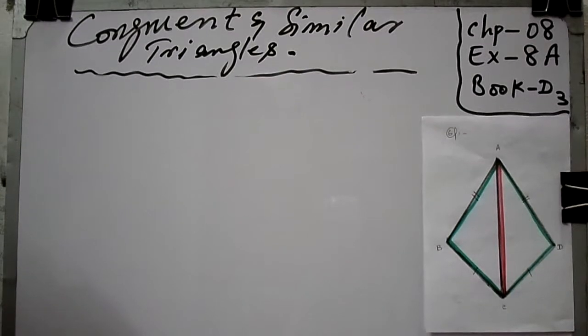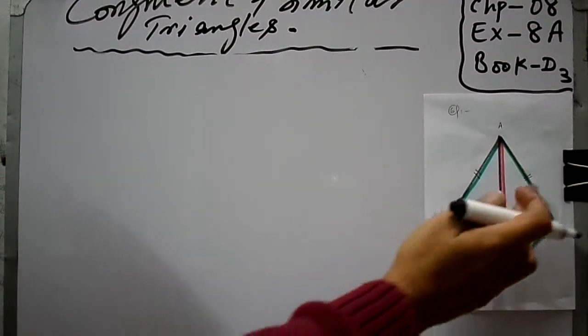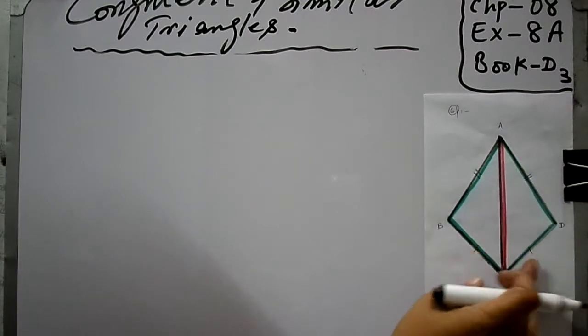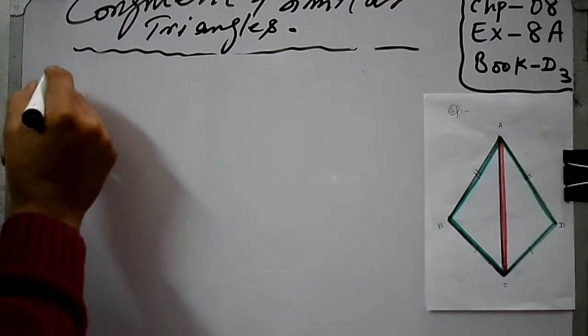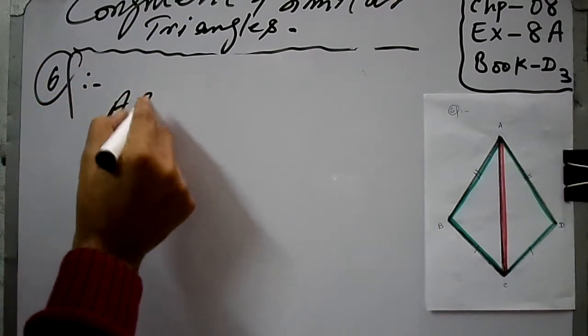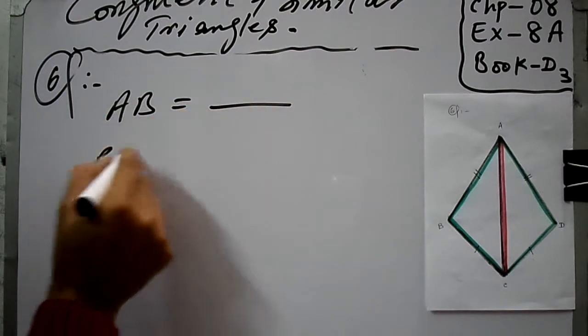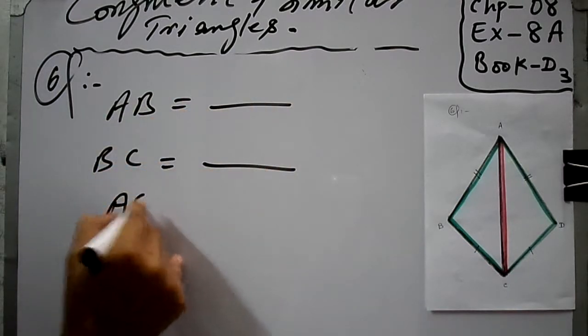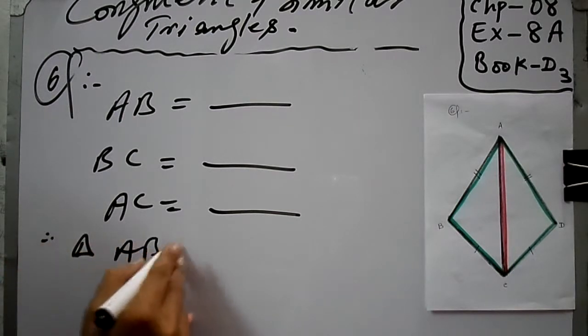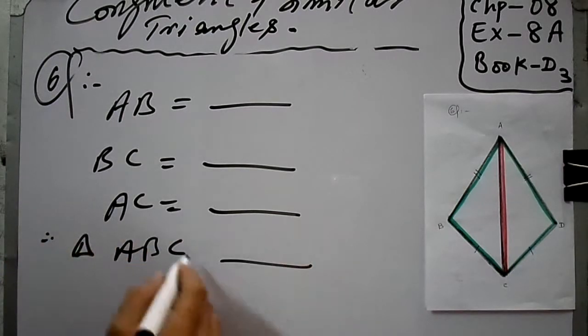Two cuts mean this side is equal to this side, and one cut means this side is equal to this side. We have to complete this table: AB is equal to what, BC is equal to what, AC is equal to what, and therefore triangle ABC is congruent to what.